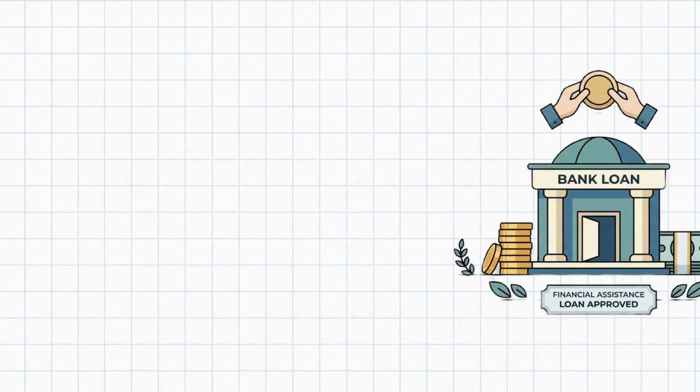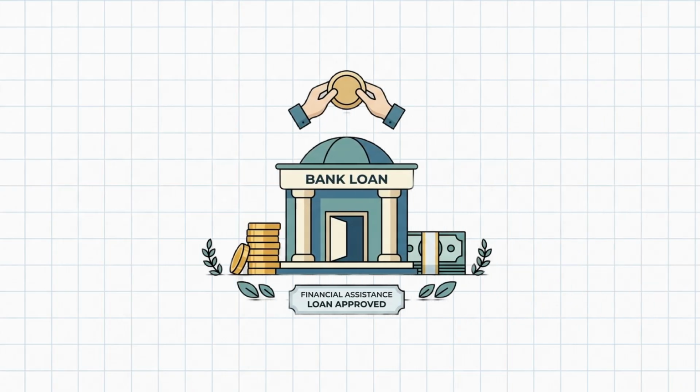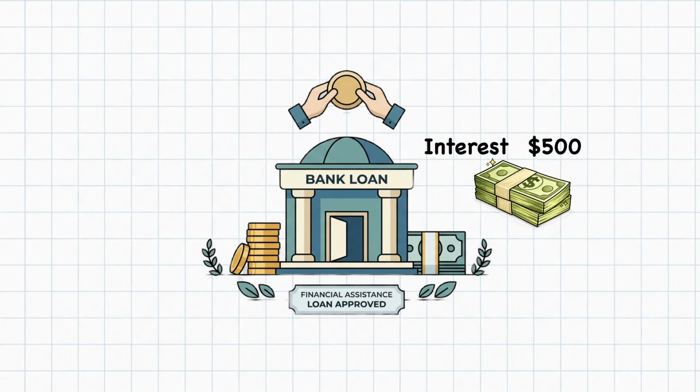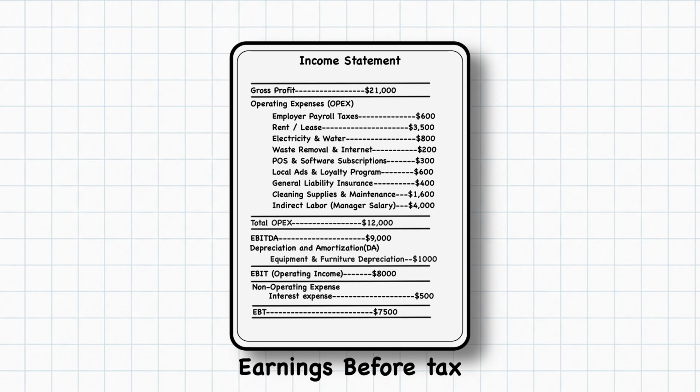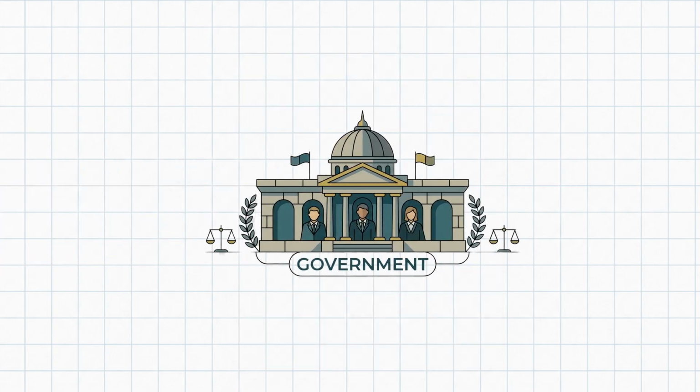Finally, we have to pay the piper. First comes the bank. You have a small business loan and your interest expense line item for the month is $500. Subtract that from your $8,000 EBIT and you get $7,500. This is your EBT, earnings before tax. Last up is the government.